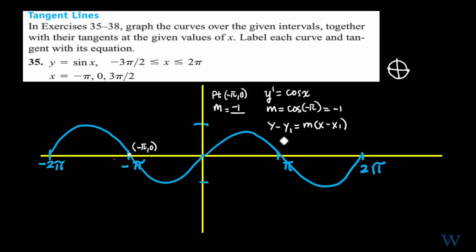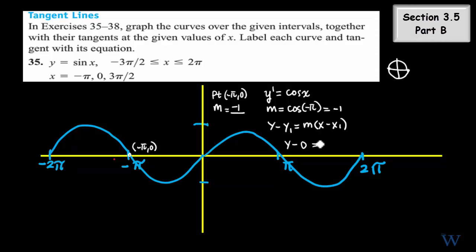So we get y minus, what's the y coordinate of our point? 0 is equal to -1 times x minus, and negative pi gives us plus pi. And if you look at that, that's equal to minus x minus pi.